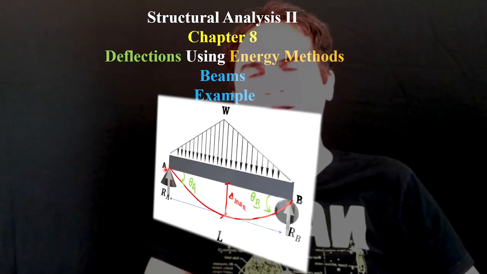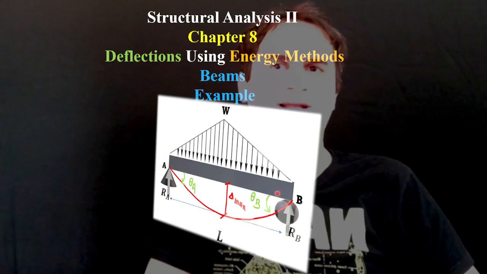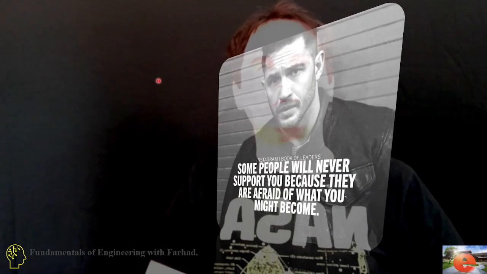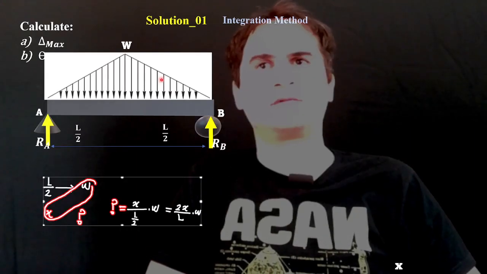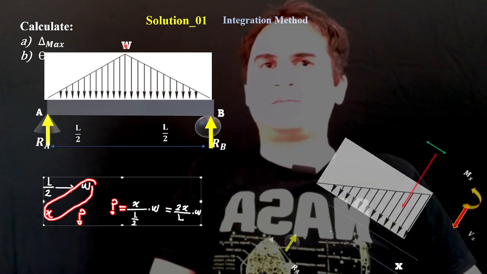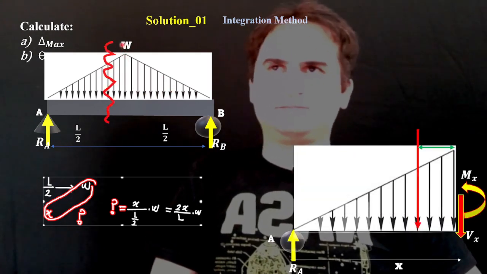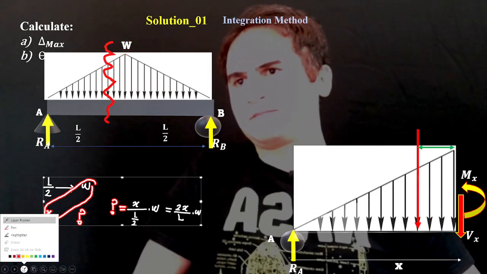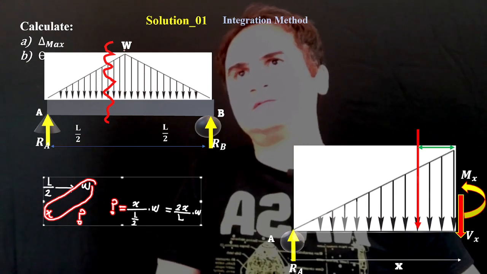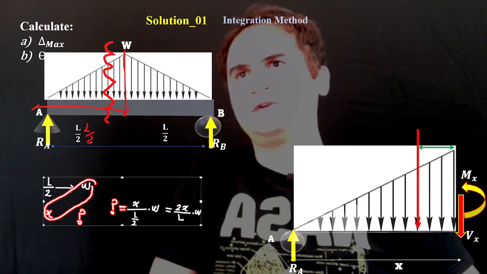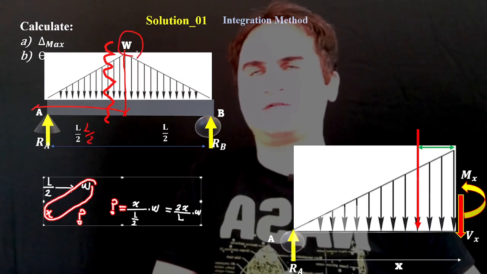At support A we have a pin, and at support B we have a roller. Let's see how we can approach this problem. If we cut the beam at a length x, in the first half of the bay, which is L over 2, we have the intensity of W at the top.